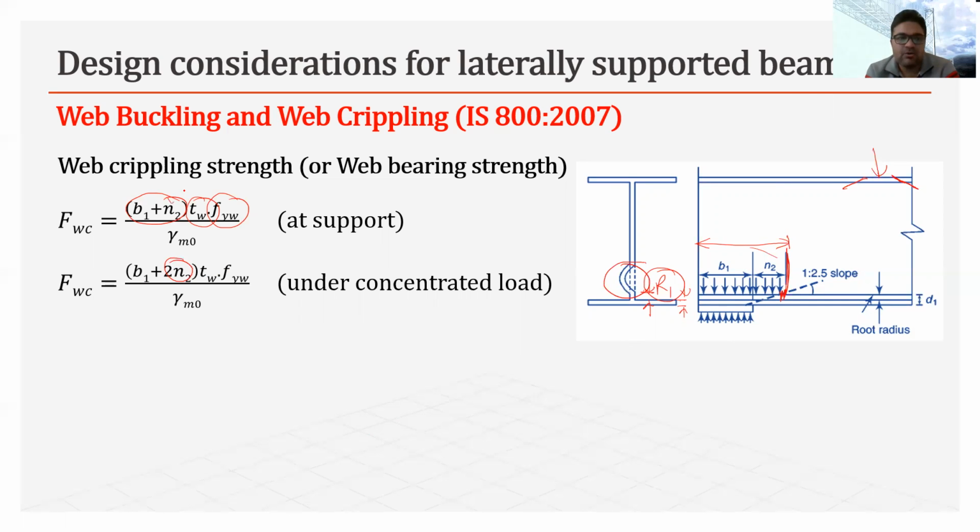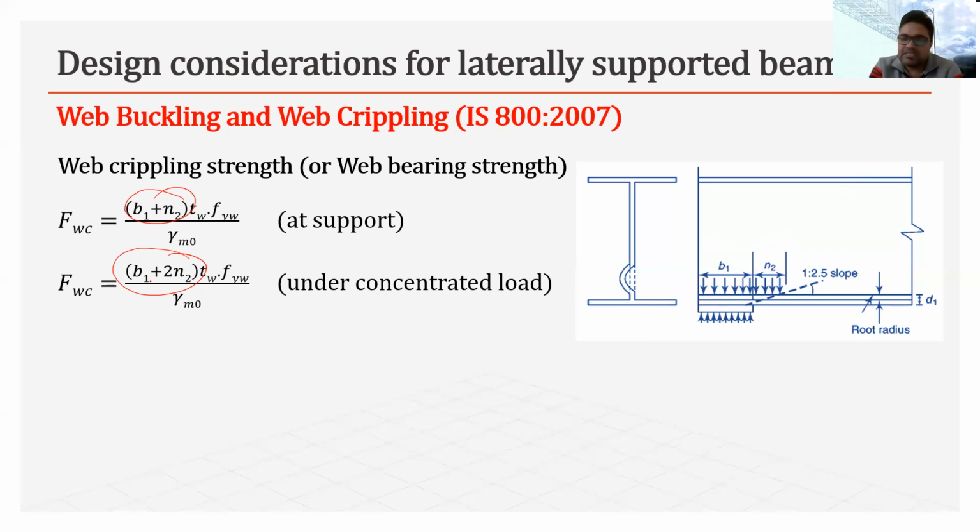Here I have taken only N2 because in case of support, the load disperses on only one side; the other side is not dispersing because that is restrained. So the formula is similar to the strength that we have seen in case of buckling. The only change is this value: B1 plus N2 and B1 plus 2N2.